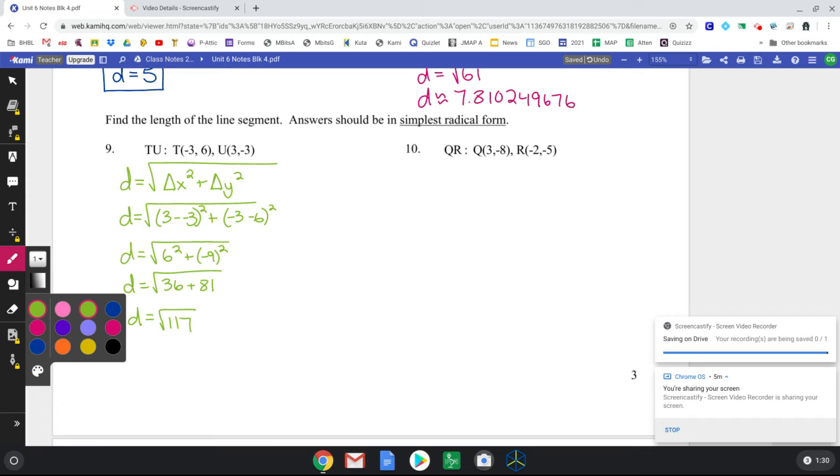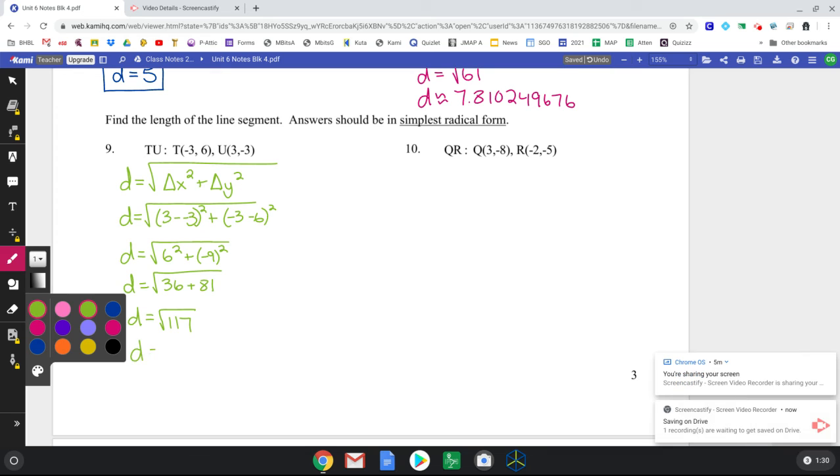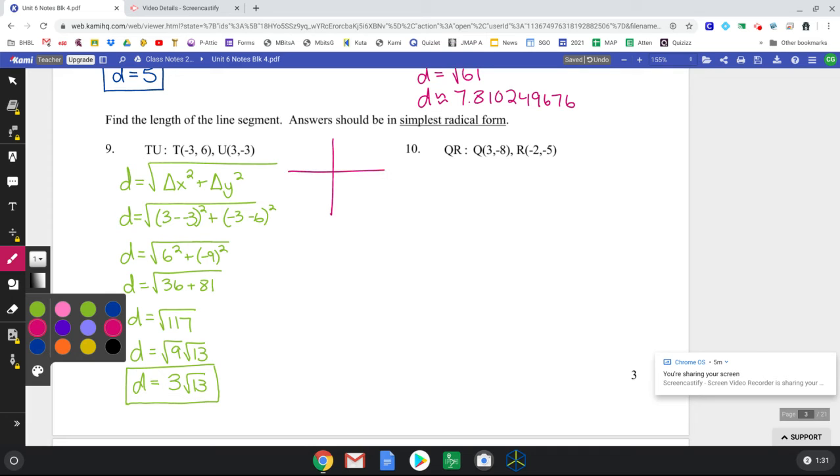Now, 117 does have a perfect square, so this is going to break down into the square root of 9 and the square root of 13. So in simplest radical form, we've got 3 radical 13. Now, if I were to plot these points, so -3, 2, 3, 4, 5, 6, and 3, -3.